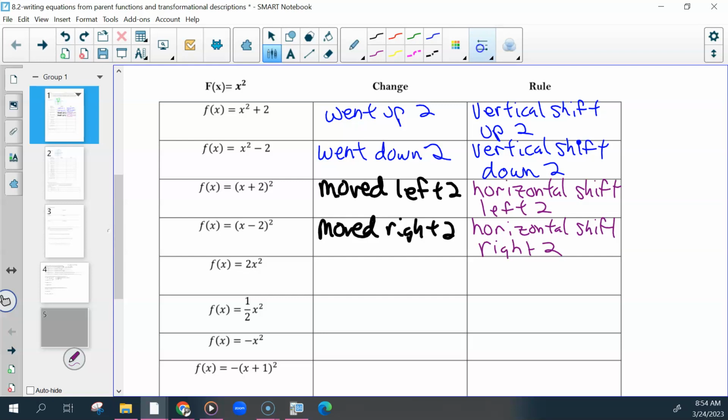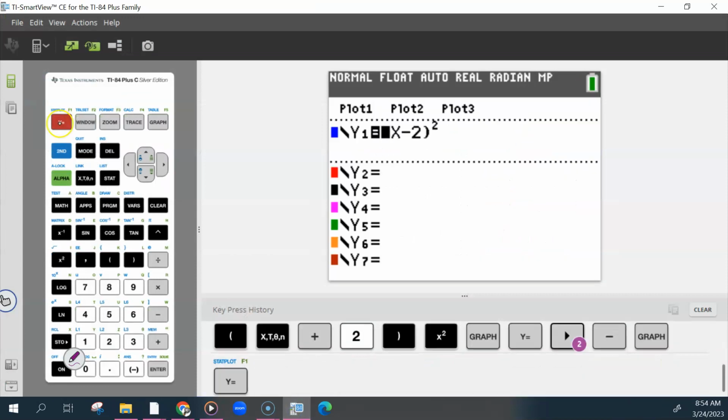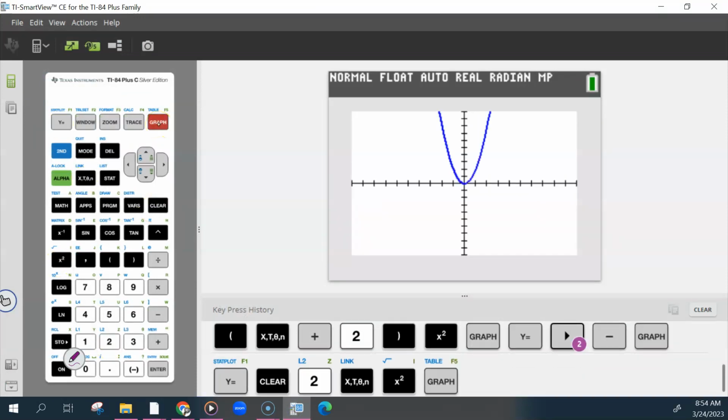Then go ahead and put this next one in your calculator, 2x squared. And we're going to compare that to the original. What changed?